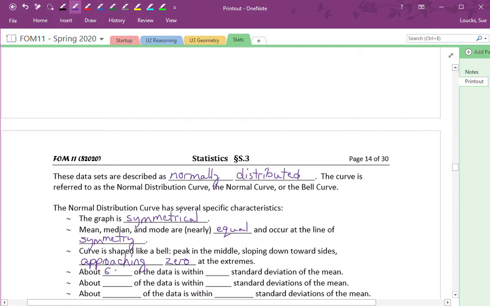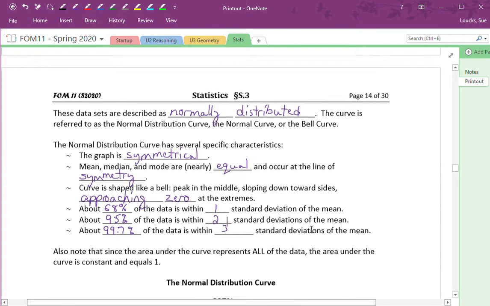About 68% of the data falls within one standard deviation of the mean. About 95% of the data falls within two standard deviations of the mean, and about 99.7% of the data falls within three standard deviations of the mean.